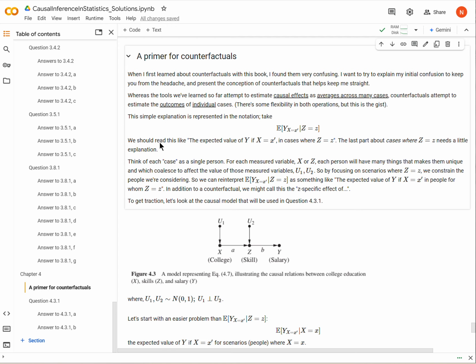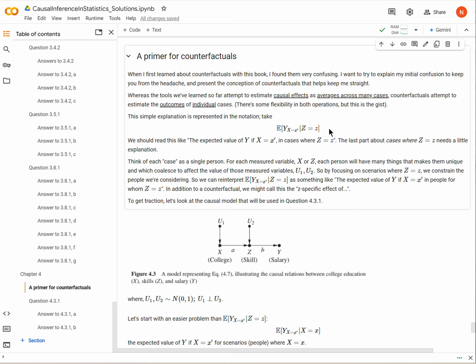All right, so the function of the counterfactual is represented in its notation here. Here's the notation that gets used, and we should read this as something like this: the expected value of y, if I set the variable x to some hypothetical value that I'm calling x prime here, in cases where z equals z. Let me say that again.